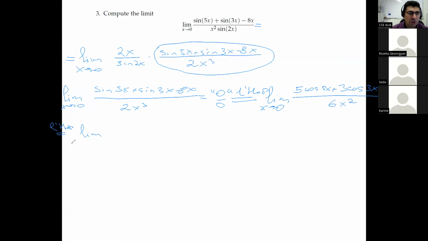So limit x tends to 0. What is the derivative of 5 cosine 5x? Negative 25 sine 5x. And similarly, we have negative 9 sine 3x divided by 12x.